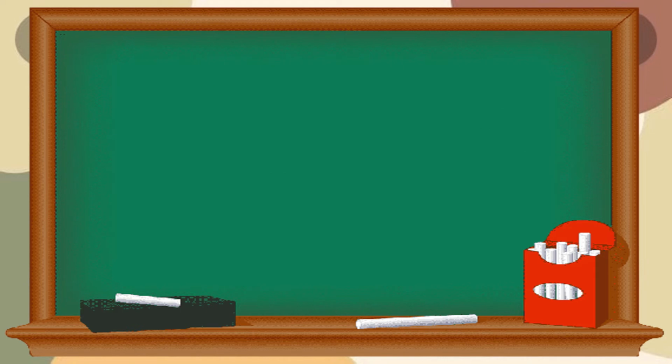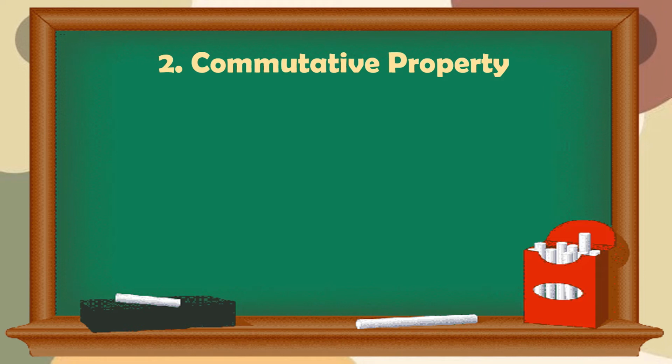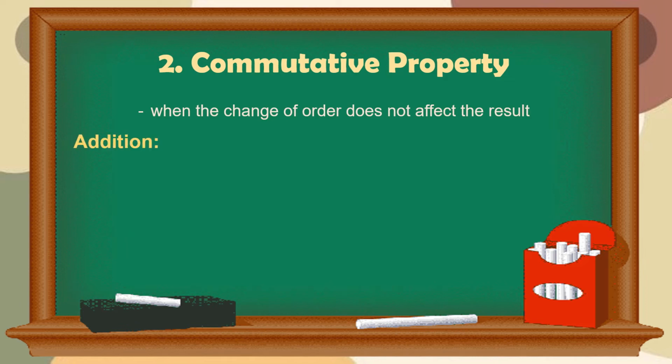Now, let's move forward to the next property, which is commutative property. It is when the change of order does not affect the result. Let's have commutative property of addition. 7 plus 5. Even if we exchange its order to 5 plus 7, we will have the same sum.